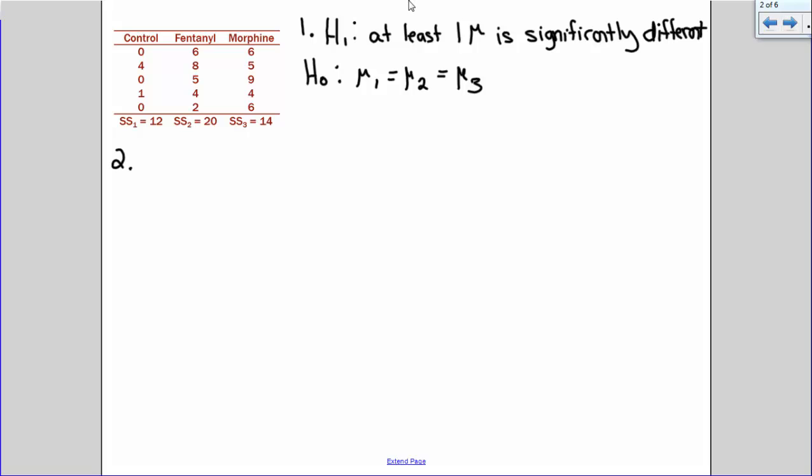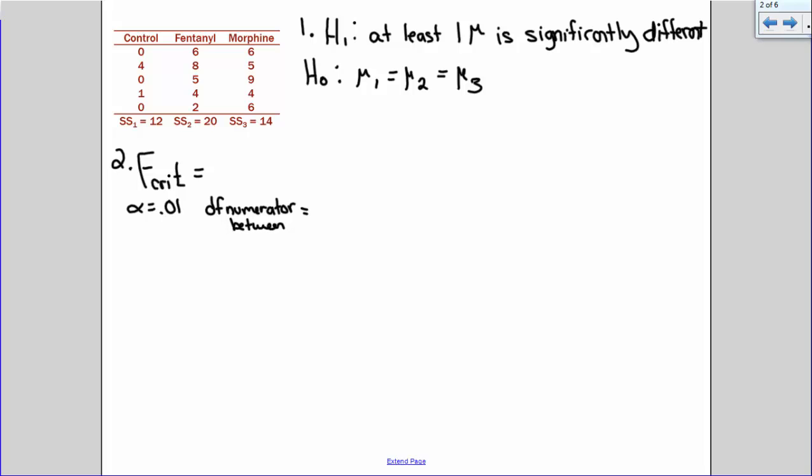Step 2, find your F crit. To find F crit, we need to know the alpha level. In this case, it's 0.01. We need to know the degrees of freedom numerator, which is the same as degrees of freedom between.